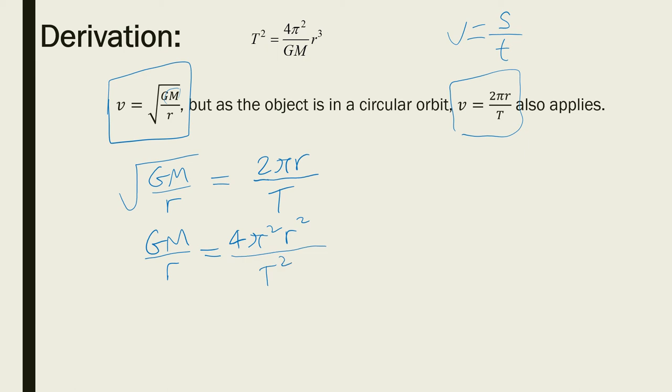And now we can simply rearrange this to get T squared on the left-hand side. So we're going to times both sides of the equation by T squared.